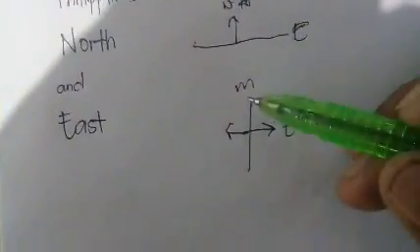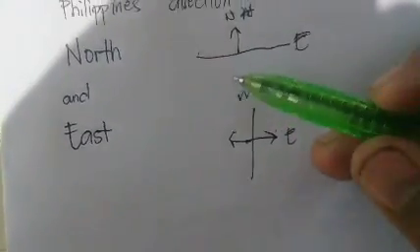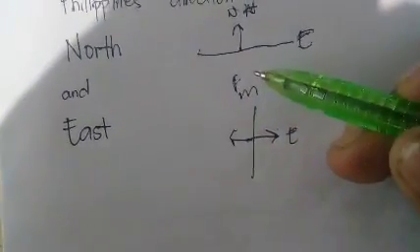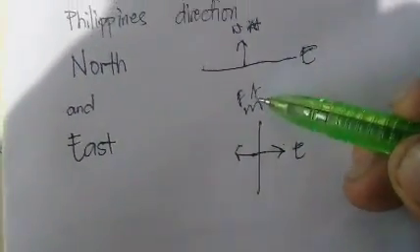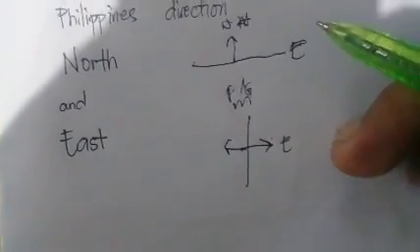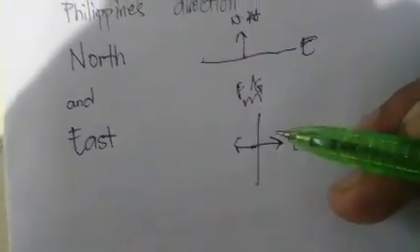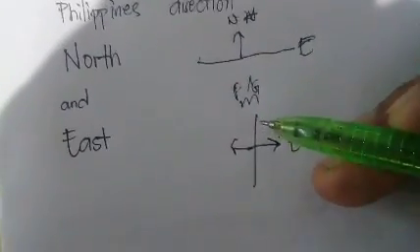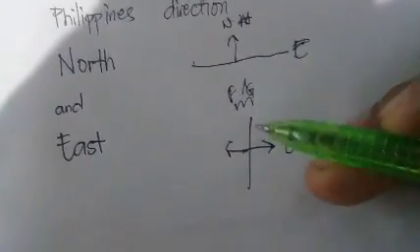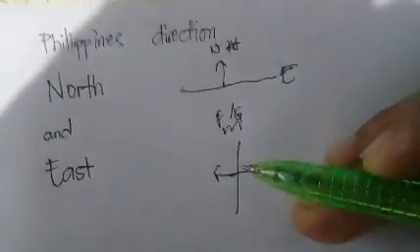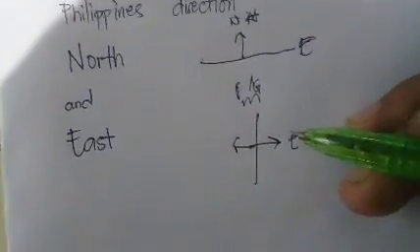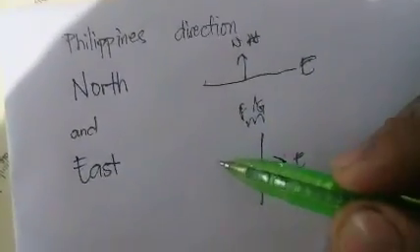This is the prime meridian, or the Greenwich meridian, and the Philippines is located on the right side of this. This is Europe, the prime meridian or Greenwich meridian line. Then the Philippines is located on the right side, which is east. America is located on the west, which is on the left-hand side. Okay.